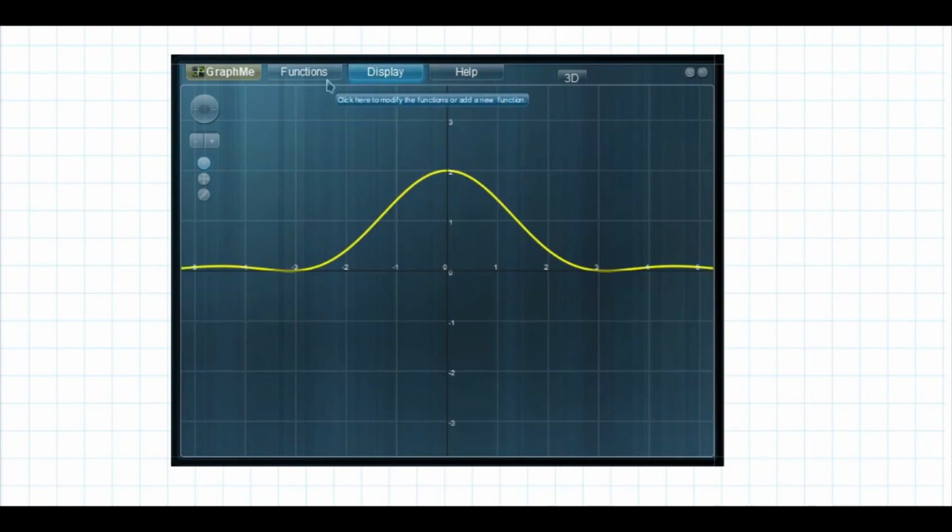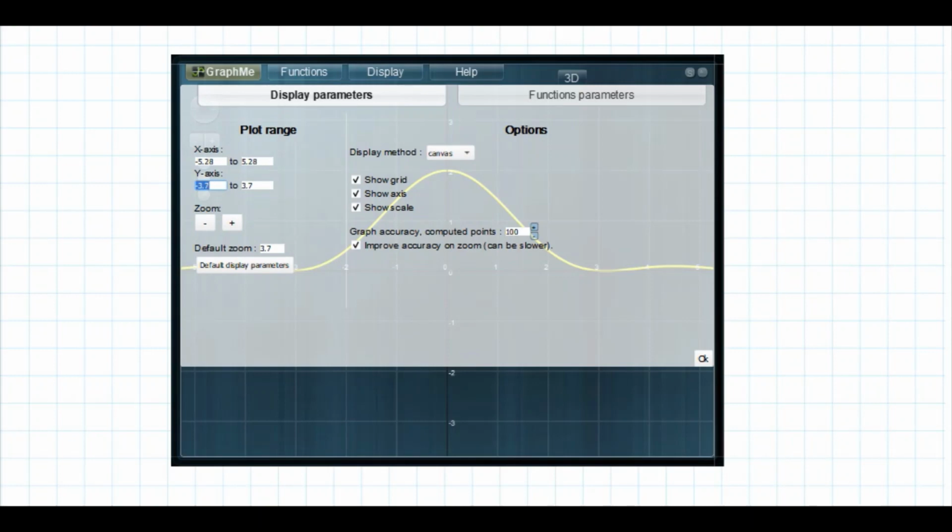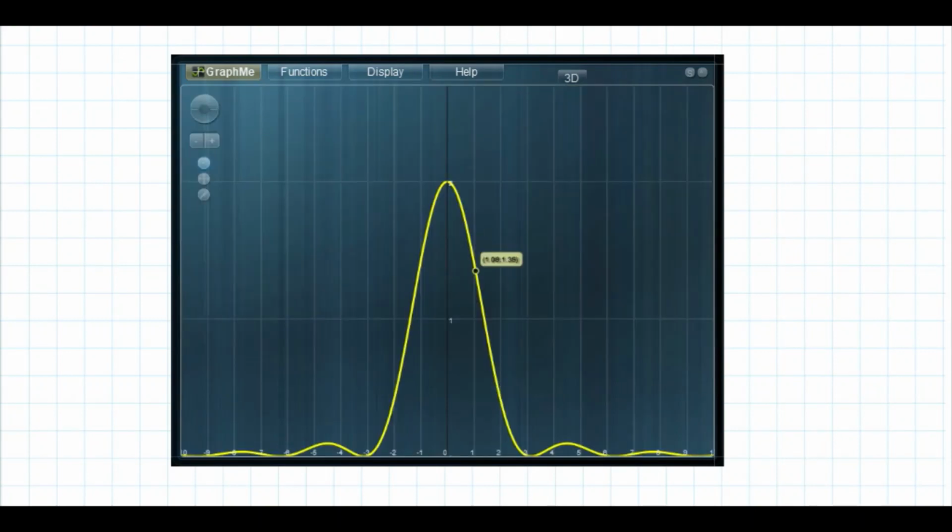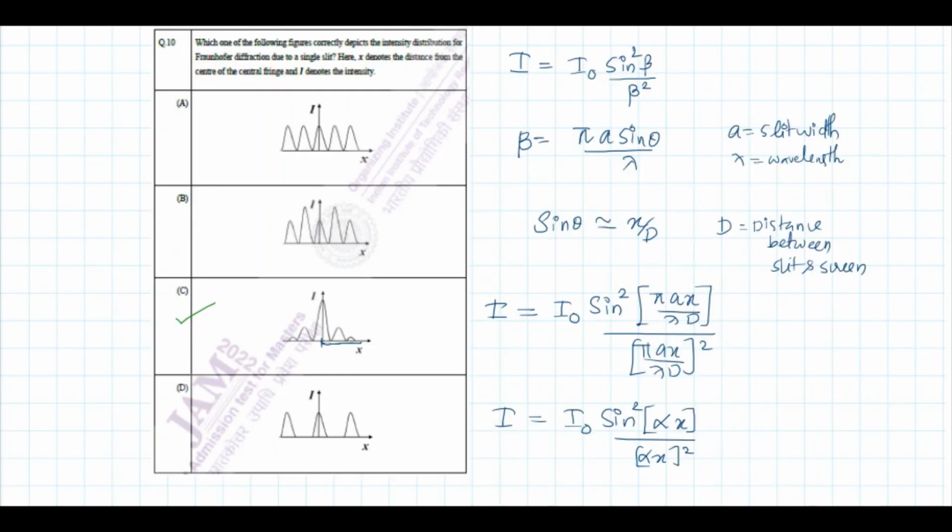This is the graph. I can modify the axes, x from say minus 10 to 10, then the graph will look like this. A central maximum, followed by secondary maxima and minima. The correct option is option C. This is the intensity distribution due to a single slit diffraction.